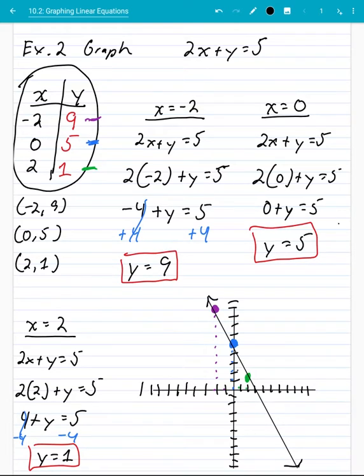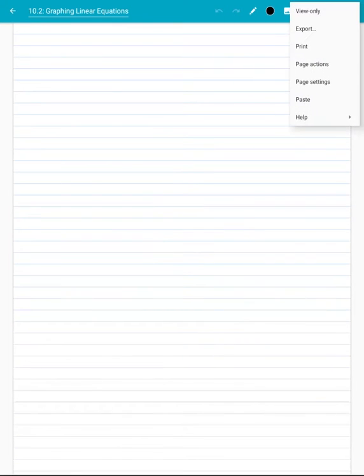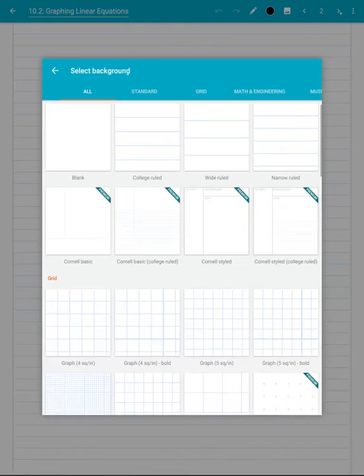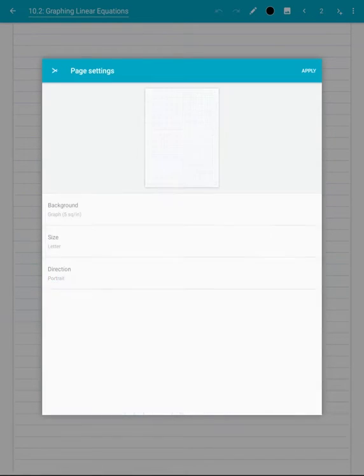Again, really, you only need 2 points to make the line, but you can have 3 points or more. Now, what makes it harder, though, is the fact that we don't have graphing paper, what we're using. So for this next example, I'm going to change my page settings. We're going to change it to graphing paper. There we go. Fantastic.